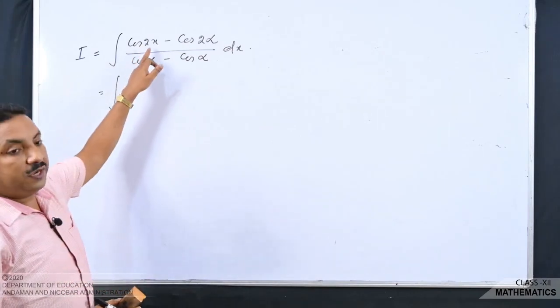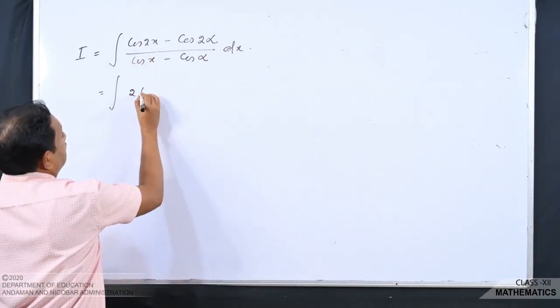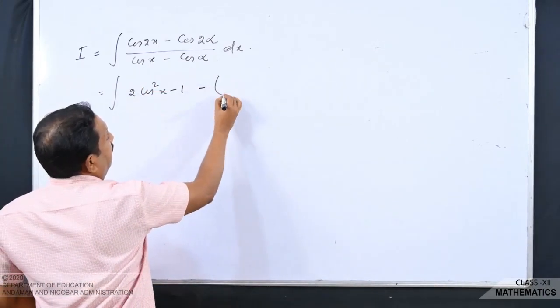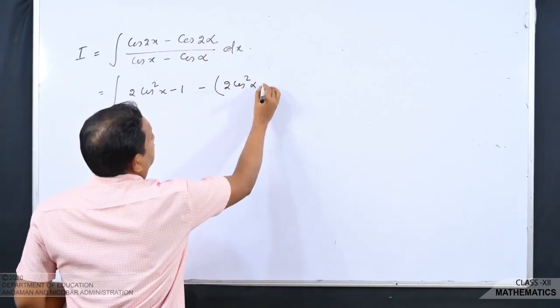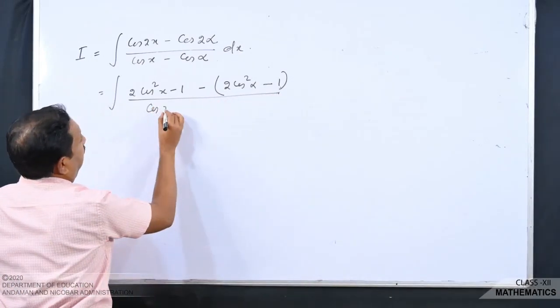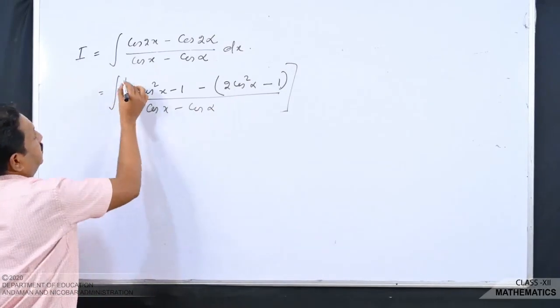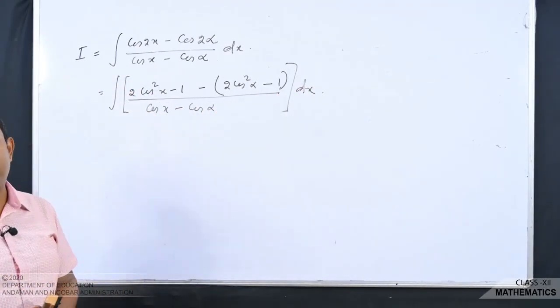Cos 2x can be written as 2 cos square x minus 1, and minus, again I can write, 2 cos square alpha minus 1, full divided by cos x minus cos alpha, and it will be kept within this bracket, and we have dx out of this bracket.